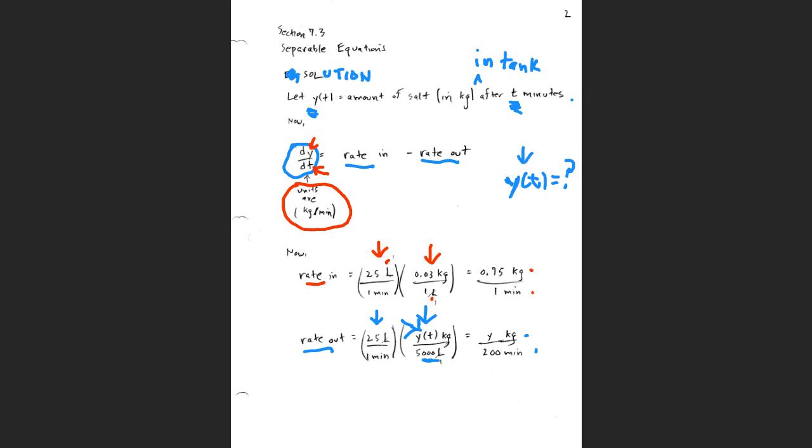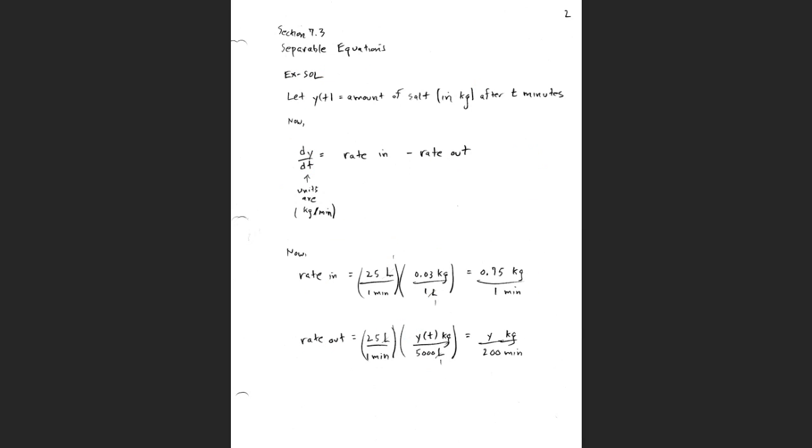So this means the rate out is y kilograms per 200 minutes. If we take 25 and divide it into 5,000, 25 goes into 5,000 200 times.